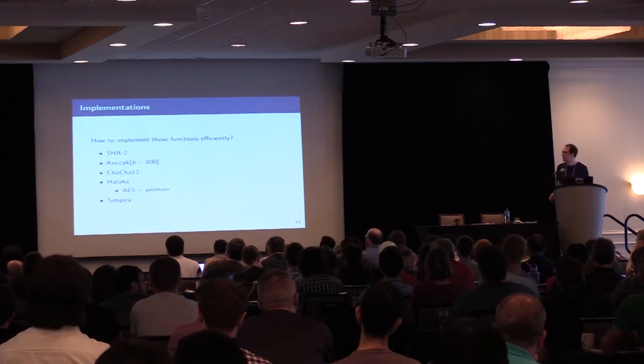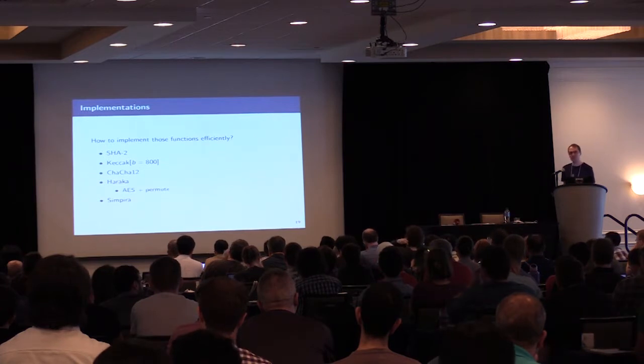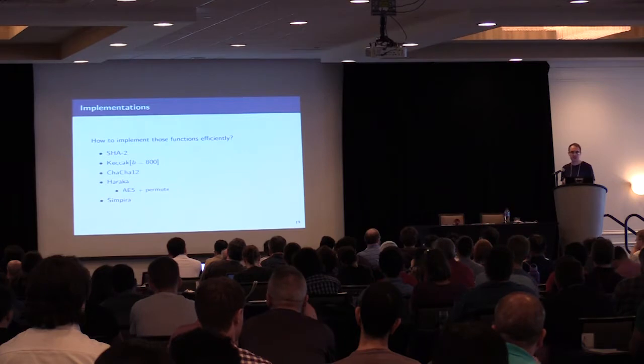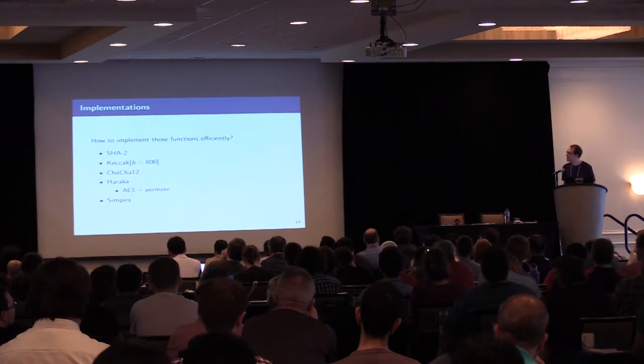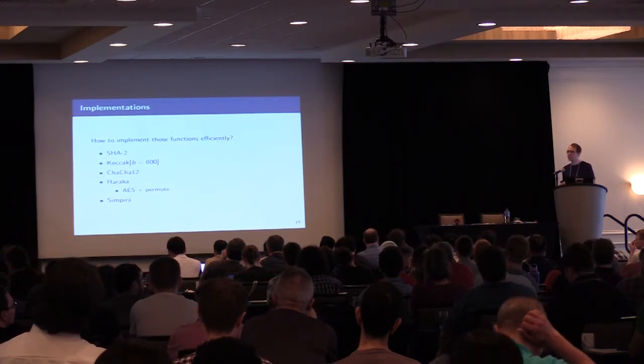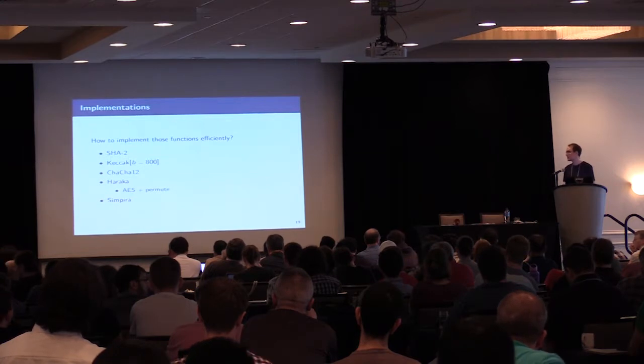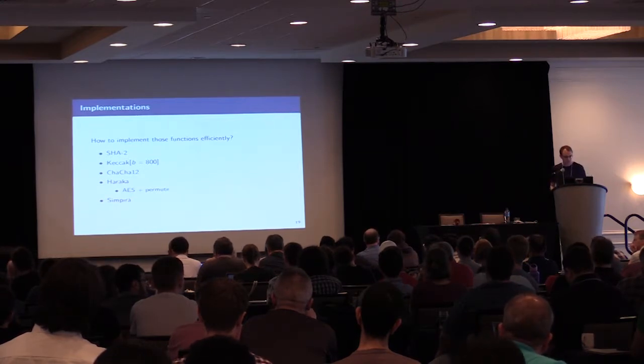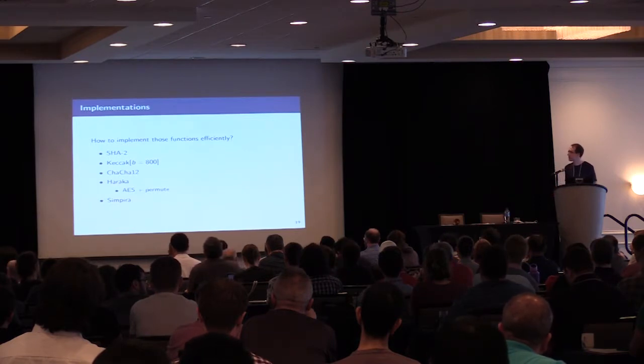Similar issues happen in Haraka. There the XOR is used to add the round constants. And now the order is different. The good thing is that you can just apply the linear transformations of AES and compute new round constants to get the same performance figures or the same number of instructions you need.